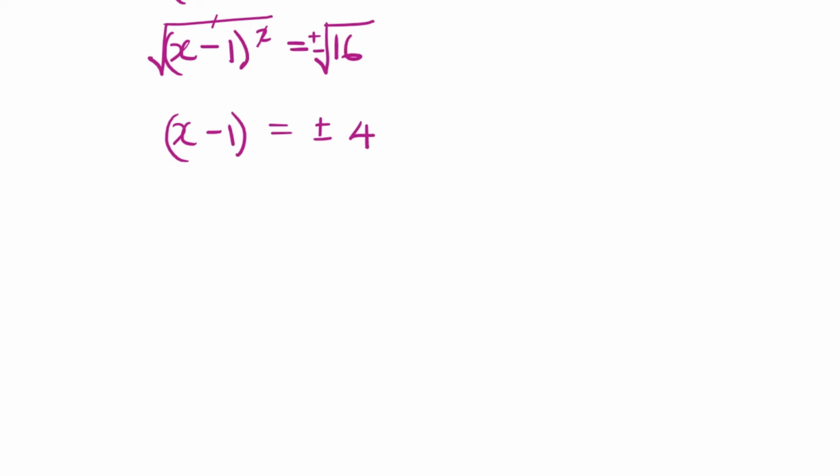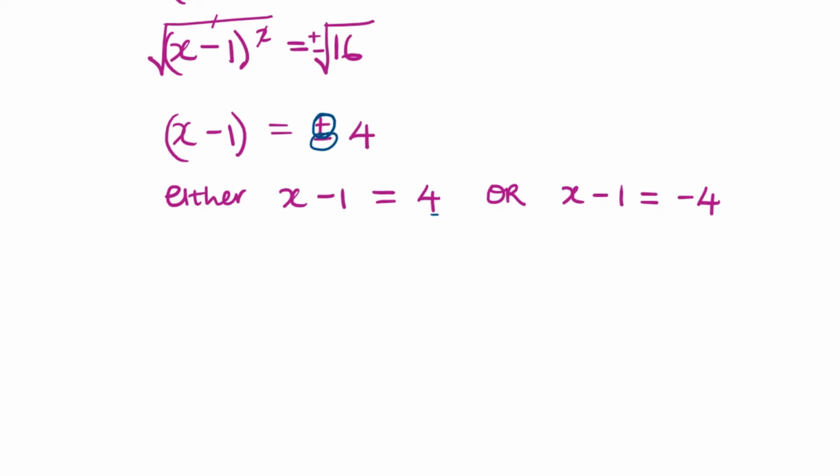So here we are saying either x minus 1 should be equal to positive 4, or x minus 1 can also be equal to negative 4. Where are these coming from? It's because in the first part we have used a positive, and in the other part we have used a negative.